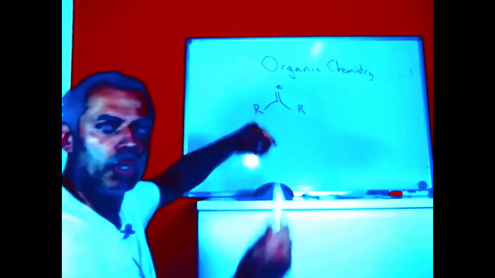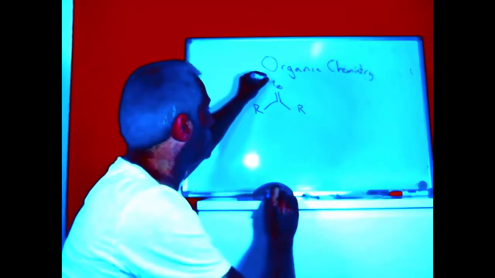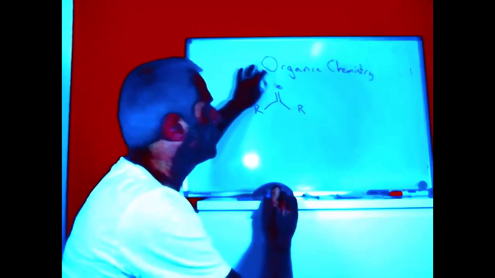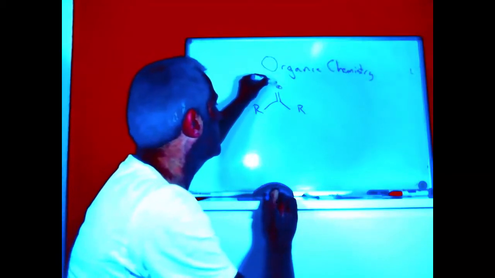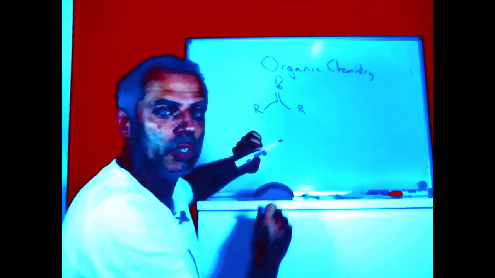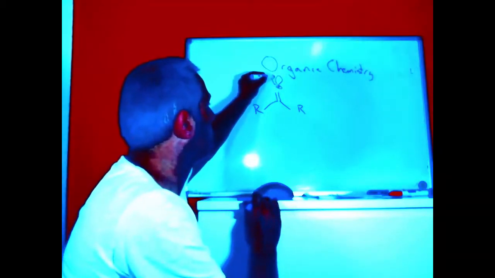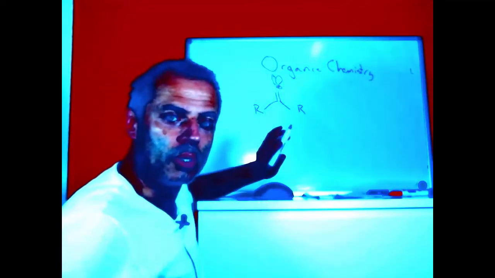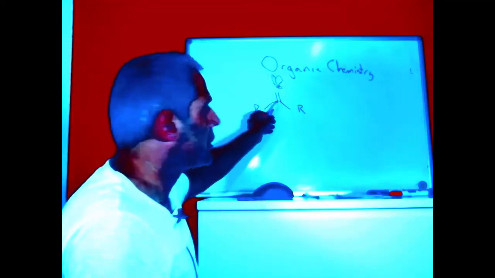Well, our oxygen here has a slightly negative charge on its two lone pairs that stick up in this direction, like little ears, and in this direction, out the back.